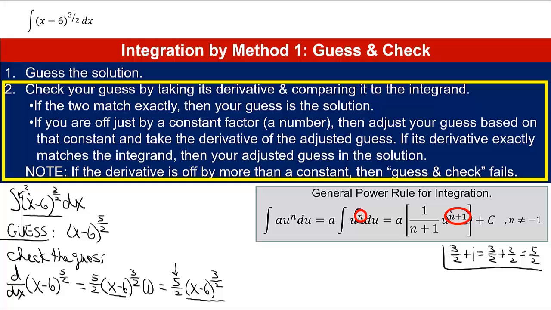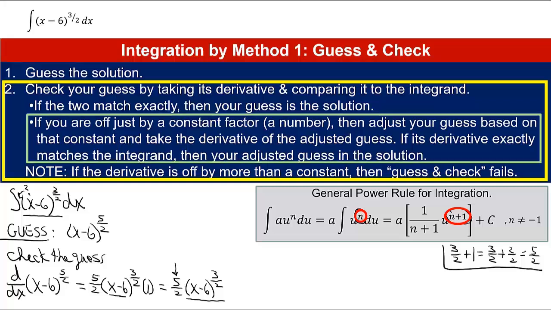What do you do when you don't get an exact match? Well, you make an adjusted guess. Your adjusted guess will take into consideration what you are off by. You are off by a factor of 5/2.